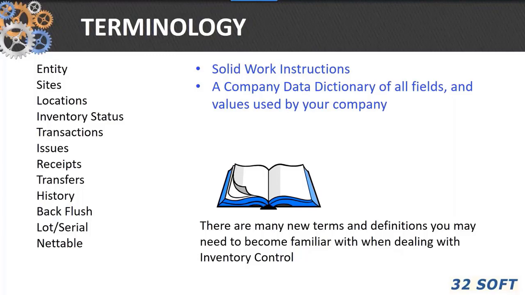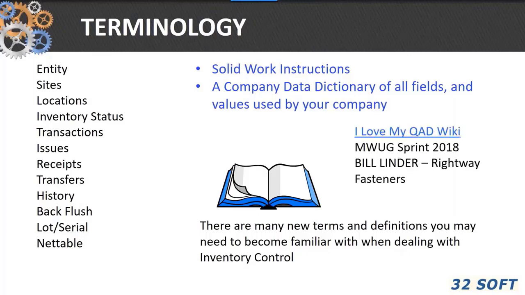With all companies, everybody has their own terminology for inventory, work orders, shop orders, those kinds of things, and we want to make sure that we understand exactly how our company does that. I've mentioned before this great little article that Bill Linder published. I love my QAD wiki, so it's a good idea to have good solid work instructions and a company dictionary or a wiki.